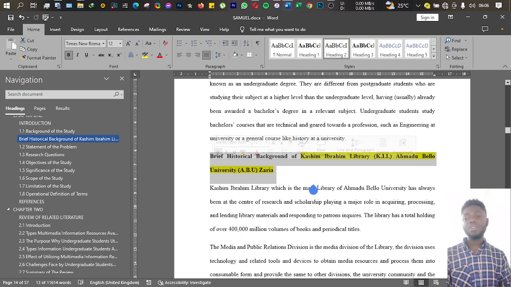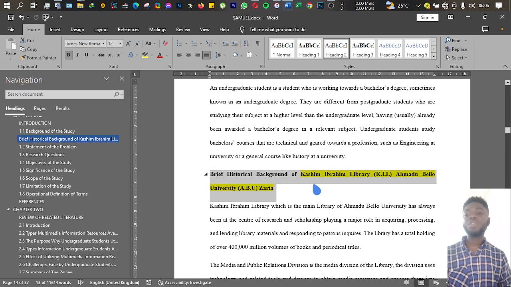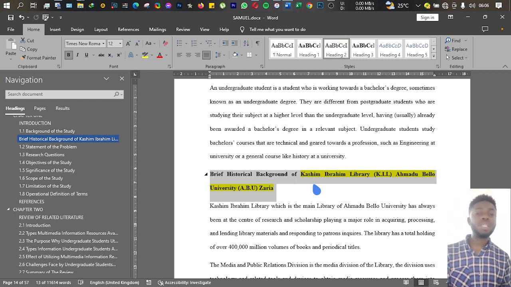So, for instance, in the example I have before me, what we have is Kashim Ibrahim Library in Ahmadu Bello University. Yours might be different, but as part of your introduction, the normal way is, if it's possible, to discuss a bit about the location of your study.